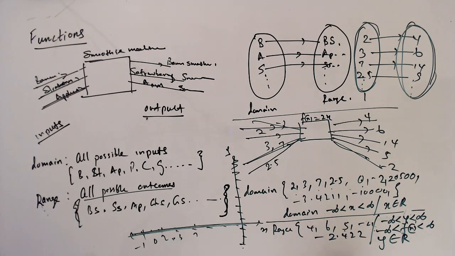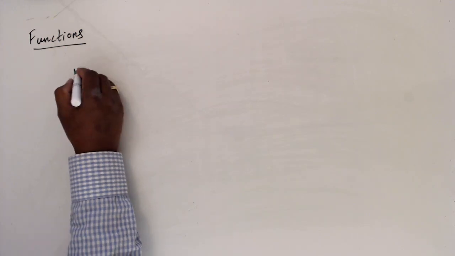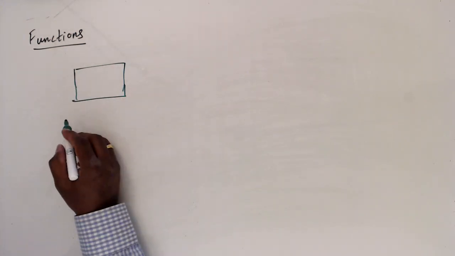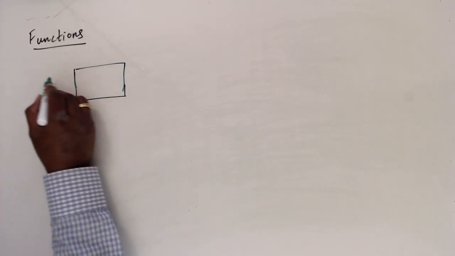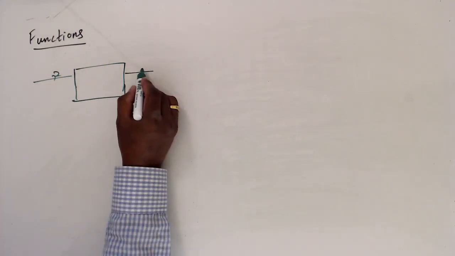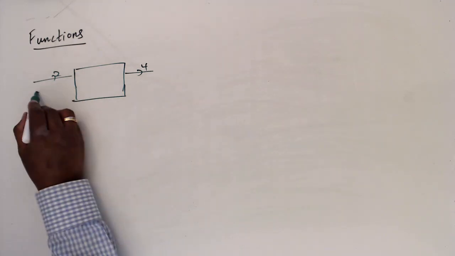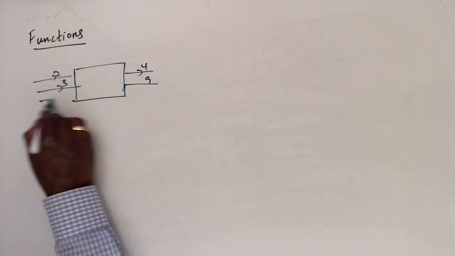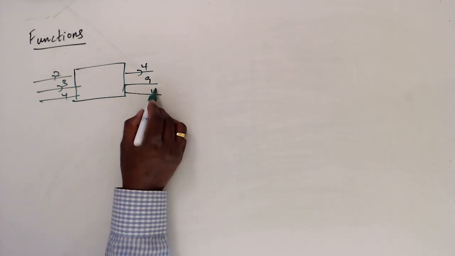We will discuss another example now. That's another machine. When you insert 2, you will get 4. When we insert 3, we will get 9. When we insert 4, you will get 16.